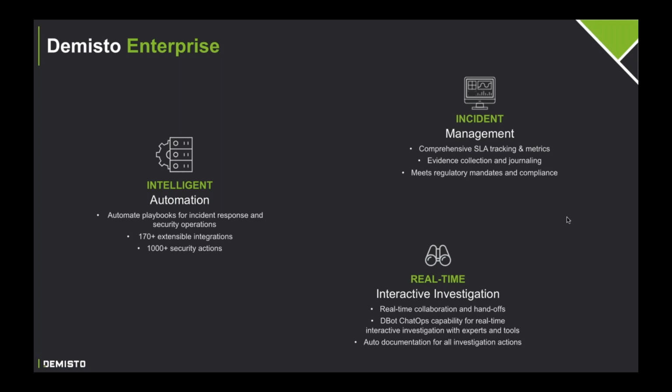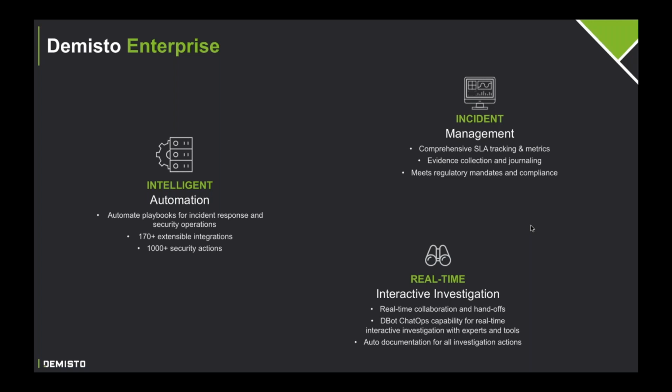Secondly, the incident management piece that's really broken today. So Demisto really provides a process into an existing SOC in terms of getting the SLA and metrics to be easily tracked and viewed from the dashboard and into the whole process itself. This also makes it very easy to collect the evidences and to journal it. So there is an evidence room capability that you will see in the demo.